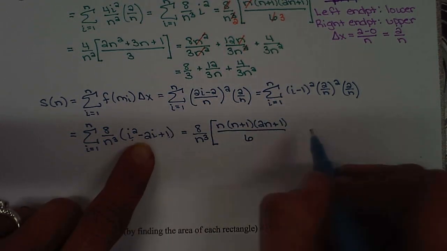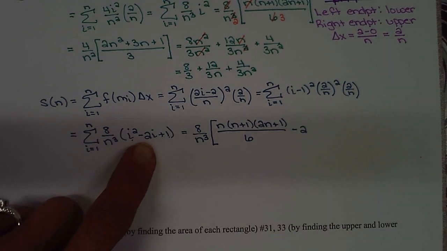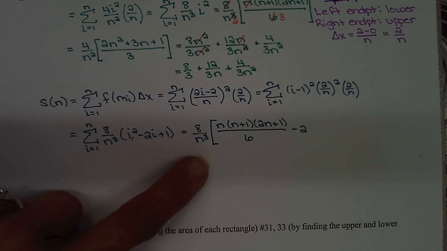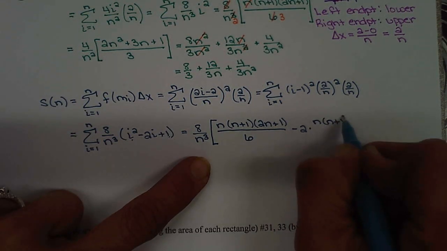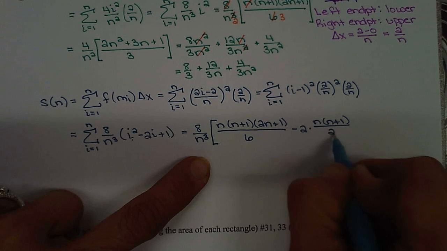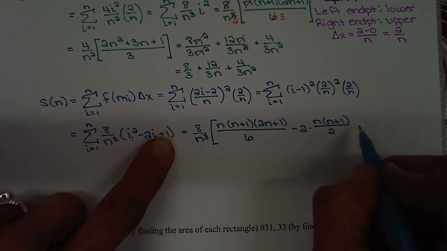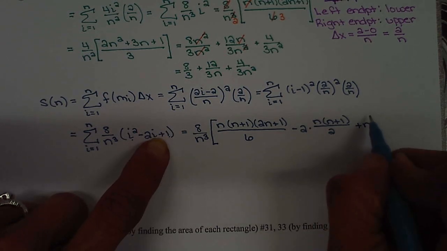Then I have a minus 2I, and that 2 can just multiply by what I is. I is n times n plus 1 all over 2. So 2 times n times n plus 1 all over 2. And then this plus 1 is your constant rule, so it just becomes a plus 1 times n, or plus n.